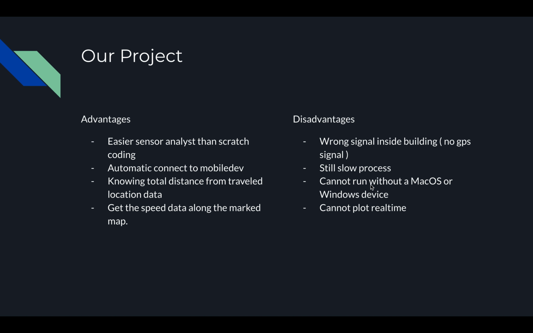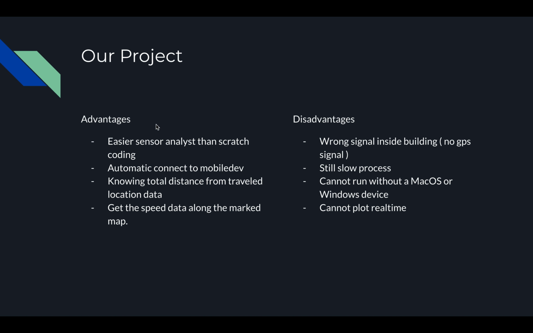And it cannot run without a Mac OS or Windows device. It also cannot plot the real-time signal. But using the MQTT technique, it might be able to plot the real-time signal, but the signal will still have a lot of delay, something like 15 minutes for sending the signal. So it can be improved later.